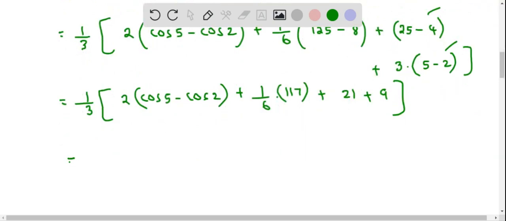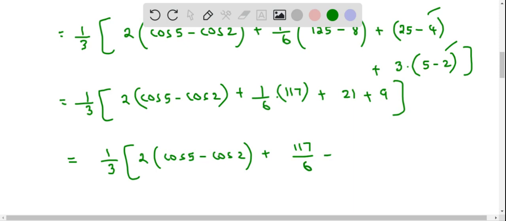That is, this one is 1/3 times 2 times of cosine 5 minus cosine 2, plus this one is 117 divided by 6, plus 21 plus 9 is 30.